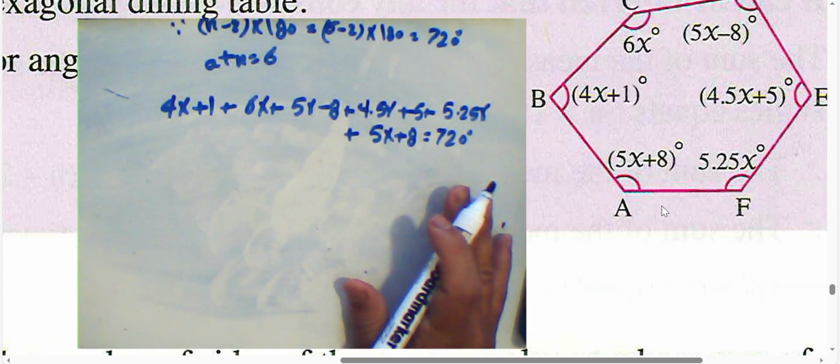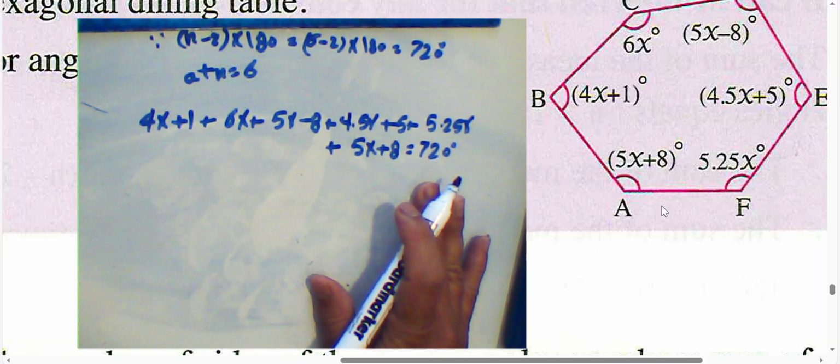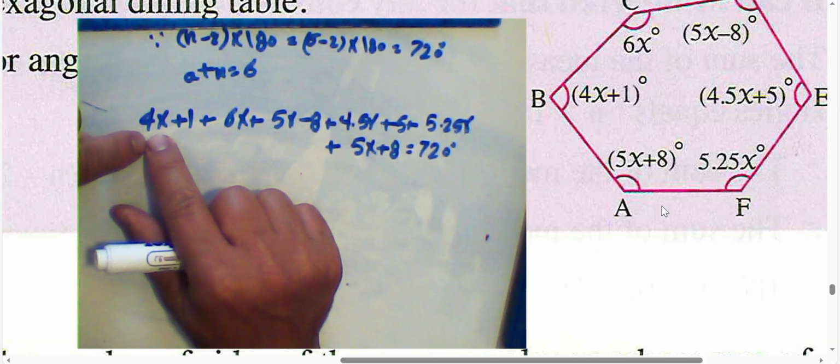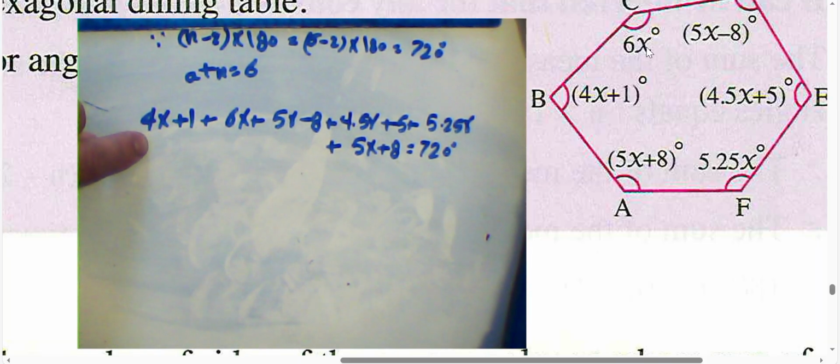Okay, like this. Again we collect the x terms: 4x plus 6x is 10x, plus 5x is 15x, plus 5 more is 20x, and we have 4.5x and 5.25x, we can collect together also.